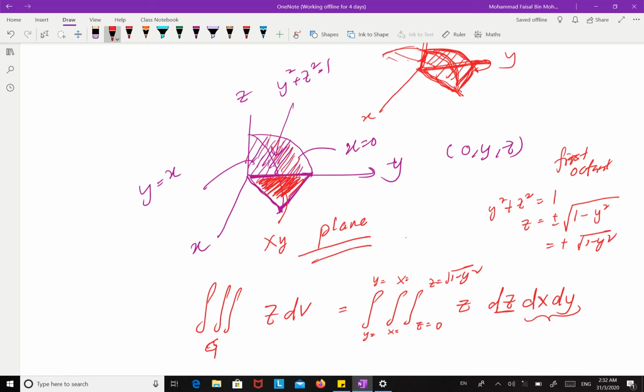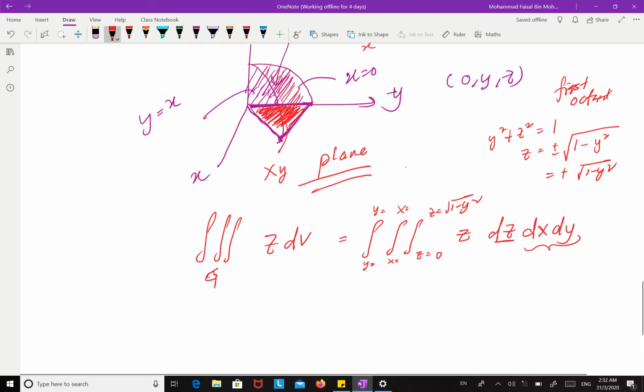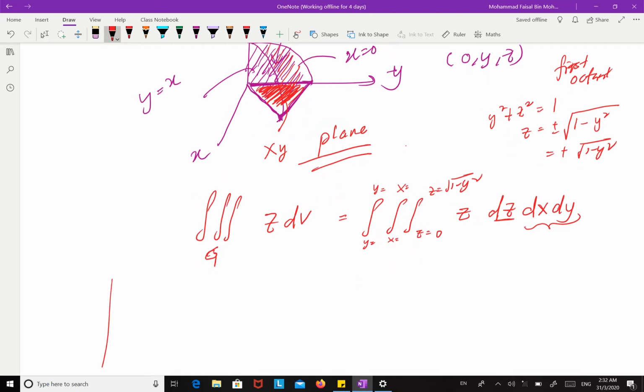How about dx dy? How do you know x from where to where? So better you draw this back. Let's say I put in 2D, y and x. So for sure we have something like this. They are cutting in y, so you have to draw like this.